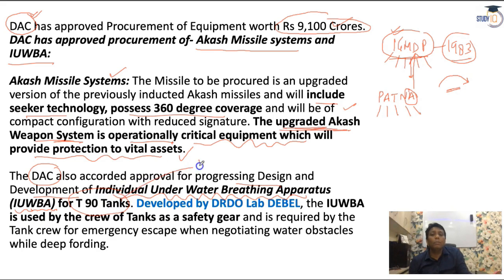The T-90 tank is also popular by the name of Bhishma. So underwater this tank can work, and the person can go and be safe in the water. This is the reason guys, these two were in the recent news, and for that purpose the Defense Acquisition Council became important for us.